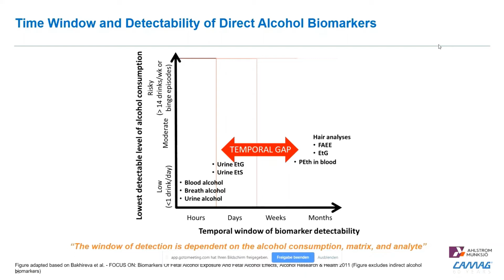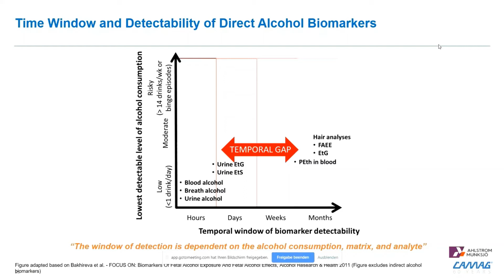Here we can see that blood alcohol, breath alcohol, and urinary alcohol are already detectable when very low amounts of alcohol are consumed, however only for a very limited duration of time. Urinary EtG and urinary EtS are detectable for a little longer, however still not long enough if you want to investigate if somebody is abstinent or has an alcohol problem.